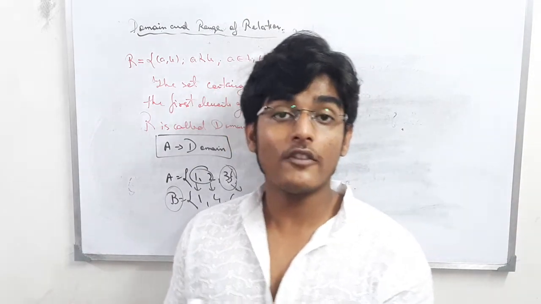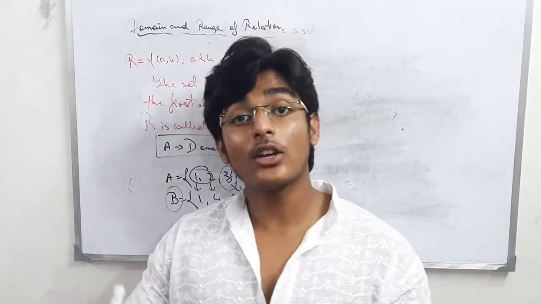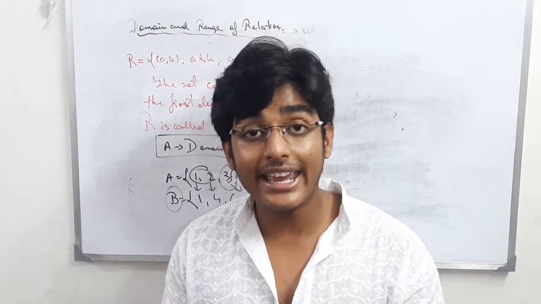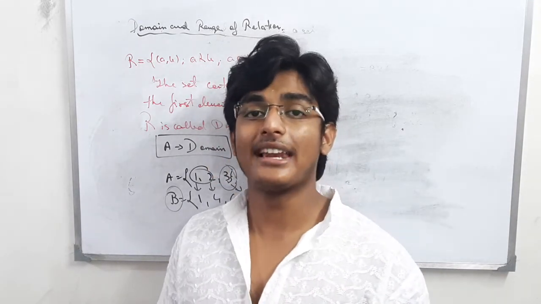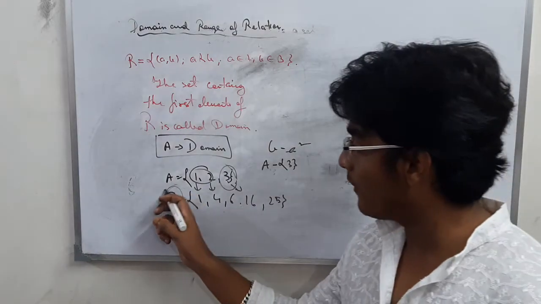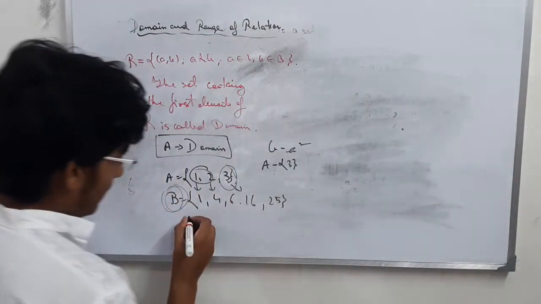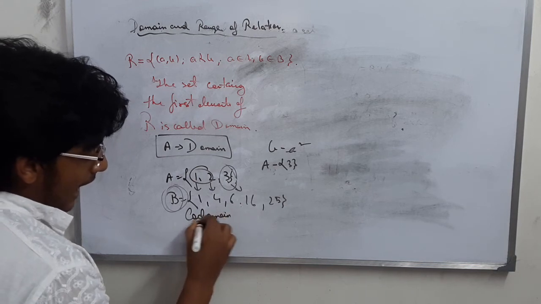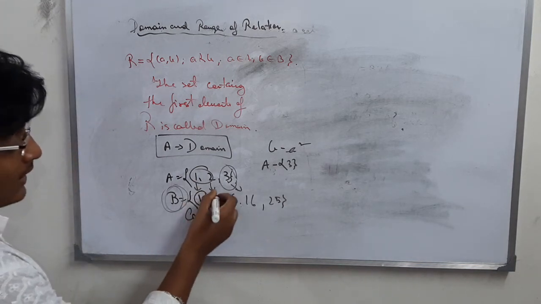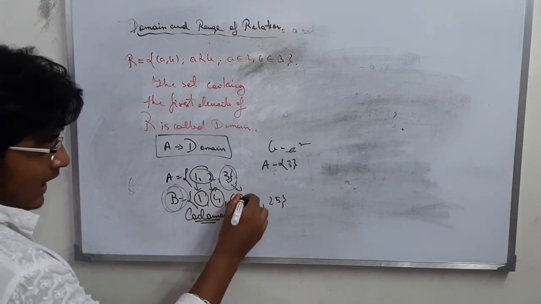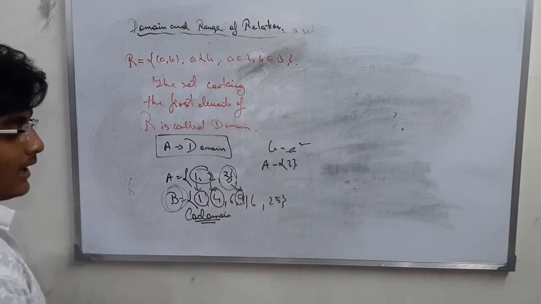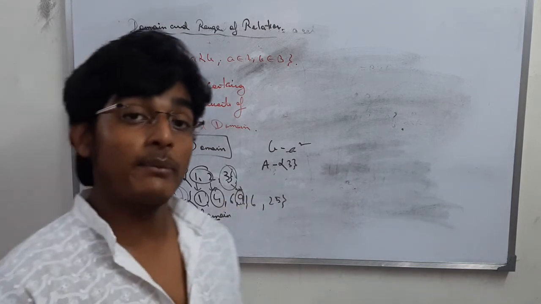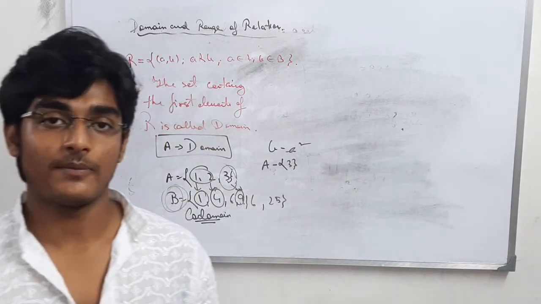A codomain of a relation is that particular set which contains the range as its elements. That means the whole of B is not the range but the codomain. And if 9 would have been there, then 9 would have been in the range of the relation.